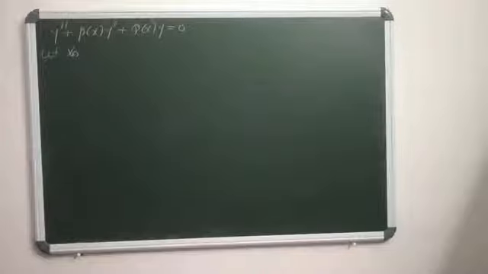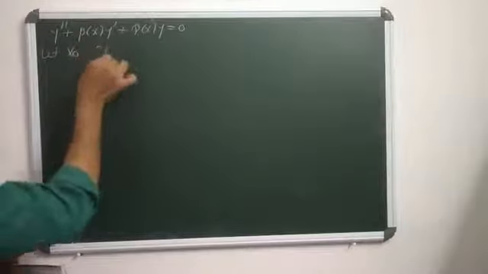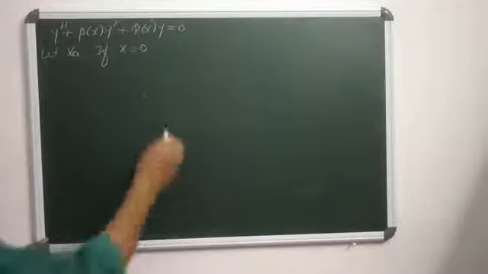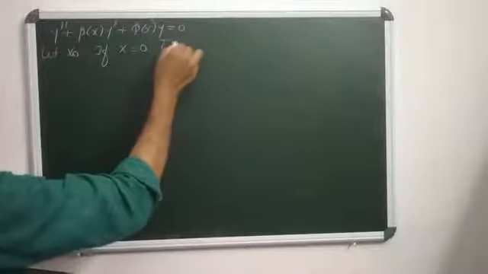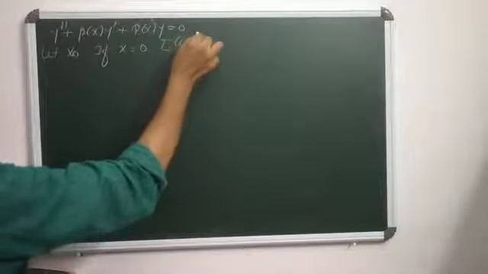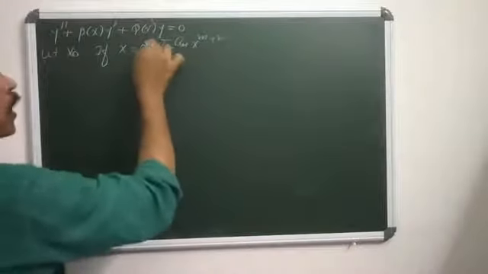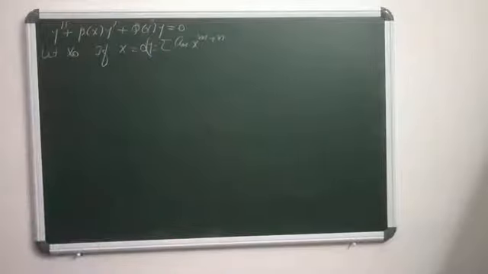Okay. Then, if x equals 0 is a regular singular point, then we can assume that the solution is of the form y equals sigma a_n x power (m plus n).